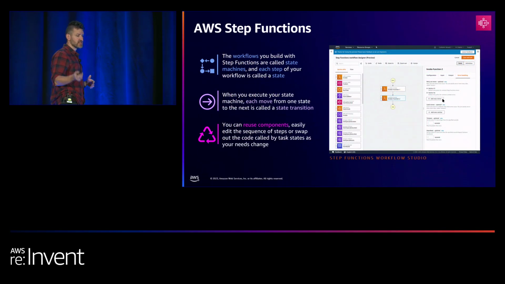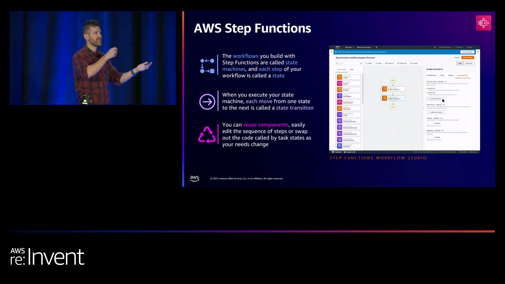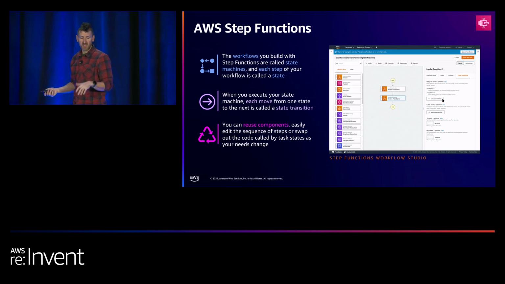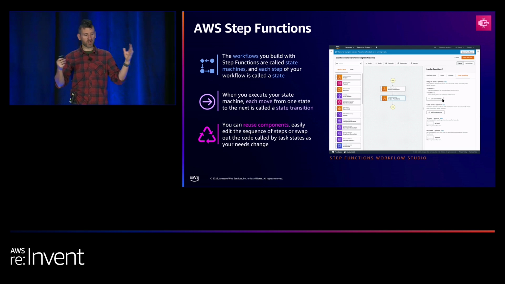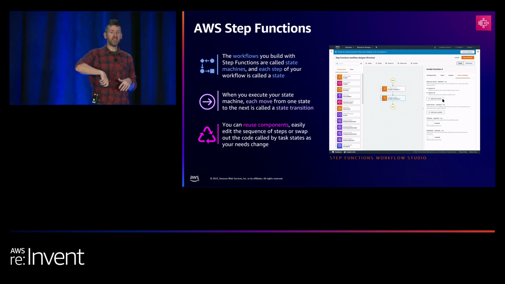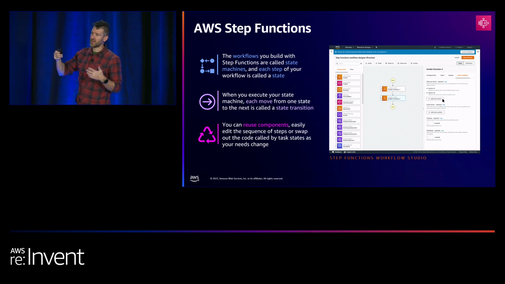I'll talk a little bit about the anatomy of Step Functions and what that looks like. With Step Functions, you build workflows that are called state machines. Each step within that workflow is a state. When you execute those state machines, moving from one state to another, we refer to that as a state transition.